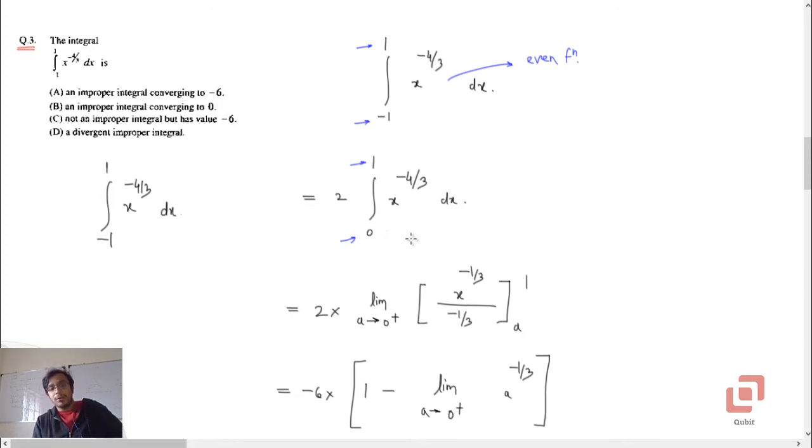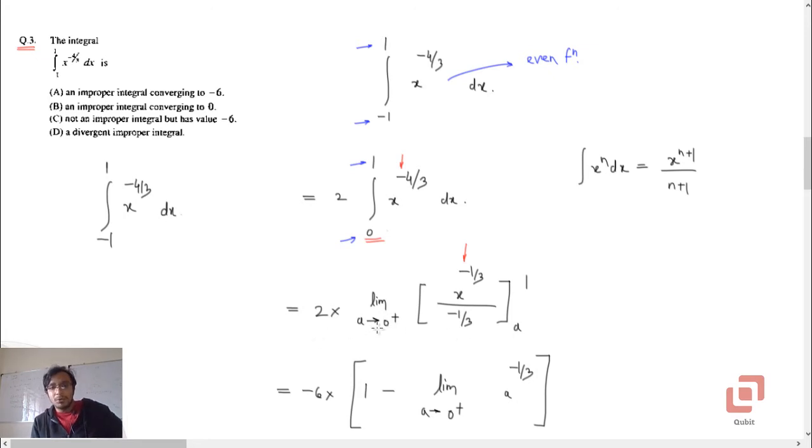Once we integrate x to the power -4/3 by applying the formula x to the power n plus 1 upon n plus 1, we cannot directly substitute 0, because we have this negative sign, which means it is 1 upon x to the power 4/3, which remains even after the integration. So it becomes x to the power -1/3. This is a typical improper integral problem, which confirms that the integrand is an improper integral.